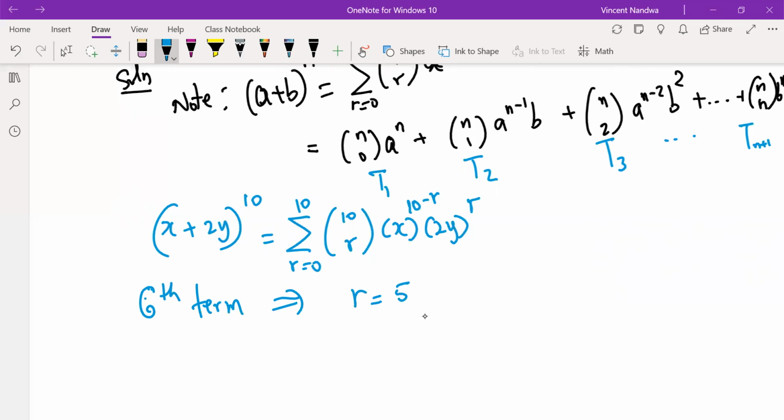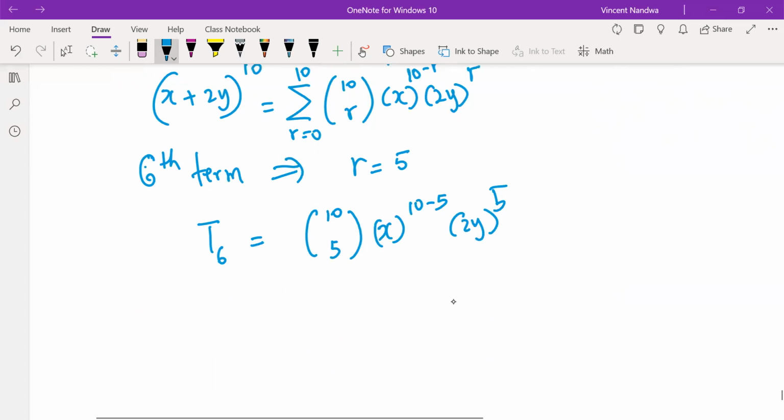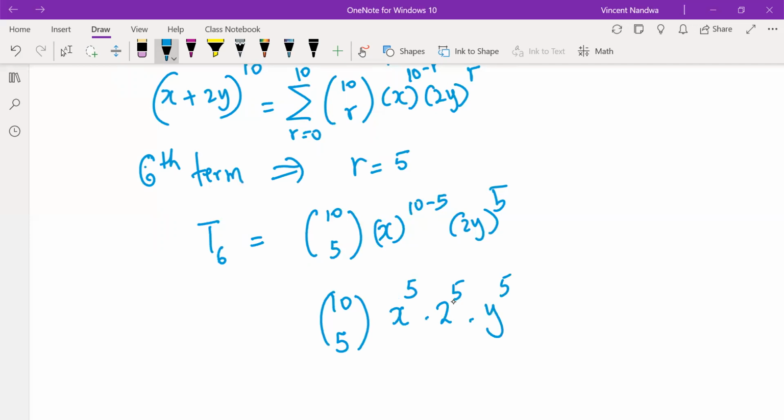So the sixth term will be 10 combination 5, x^(10−5), (2y)^5, which is 10 combination 5, x^5 times 2^5 times y^5.